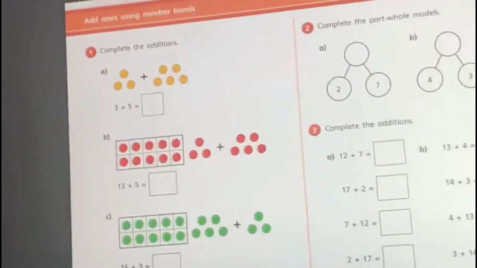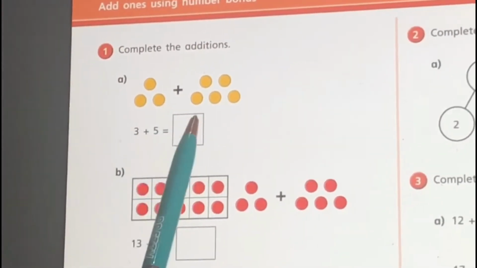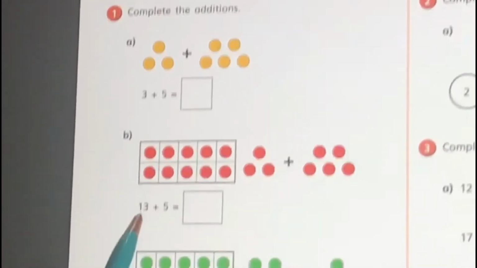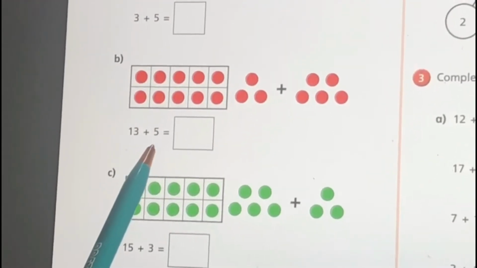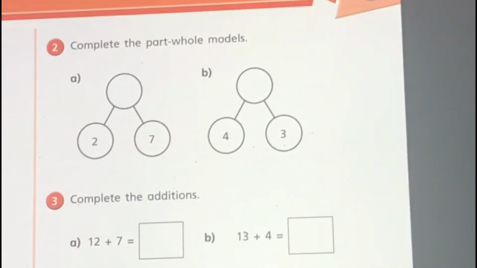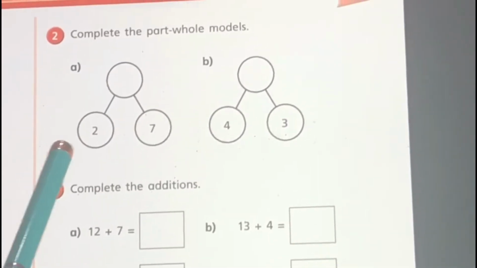Now, for your main activity this morning, everybody, we're going to be having a go at adding some 1-digit numbers, and then we move on to a 2-digit number and adding some ones. We've also got some part-whole models here. If you remember, you read the part-whole model from left to right.